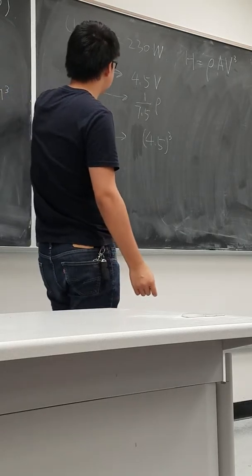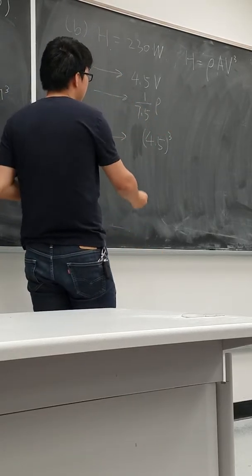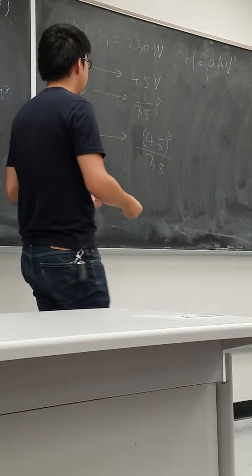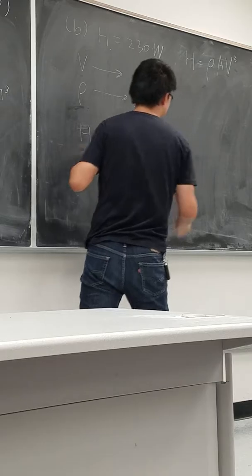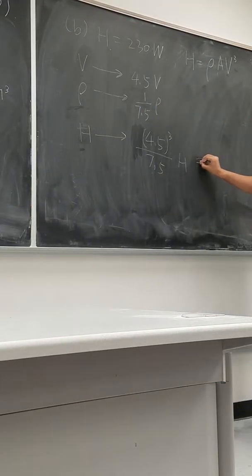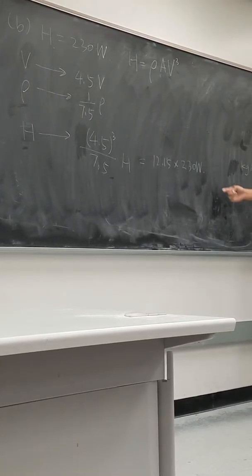So if the density is 7.5 times smaller, then H would also be 7.5 times smaller. So H will change from the original value to this value. Then this gives the result 12.15 times your original power heat loss. So this is how I solve part B.